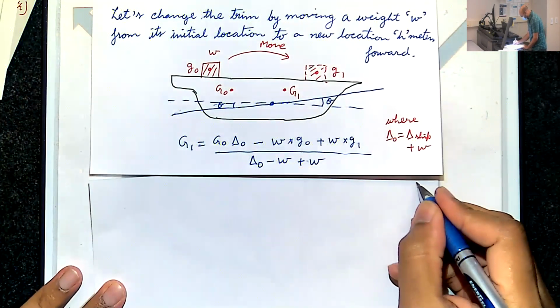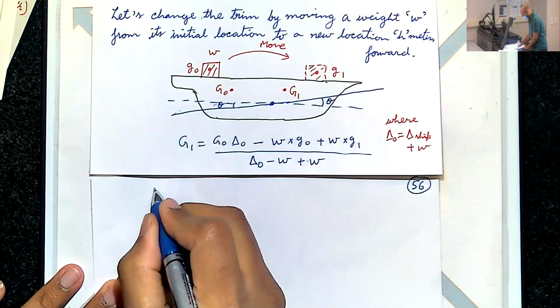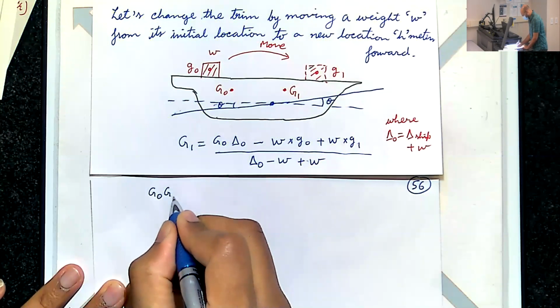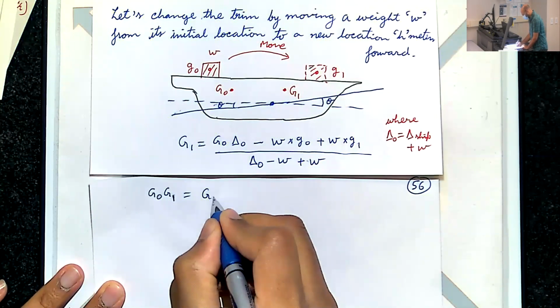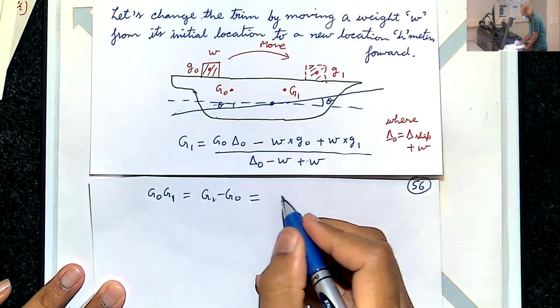So when we rearrange this, the shift G0 to G1 is basically G1 minus G0. When we rearrange this, what do we get?